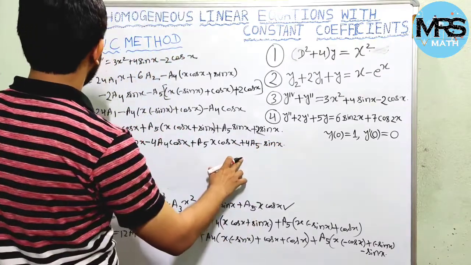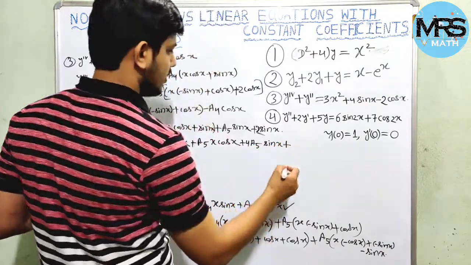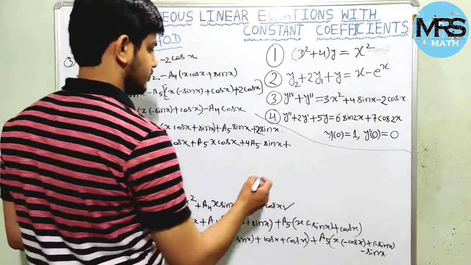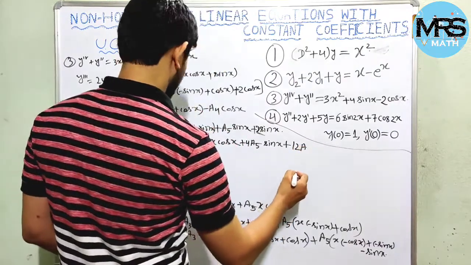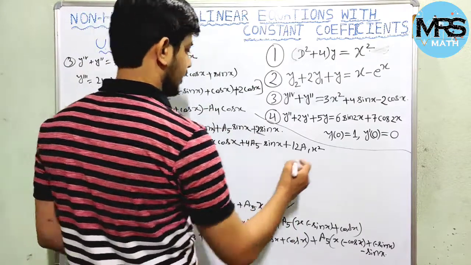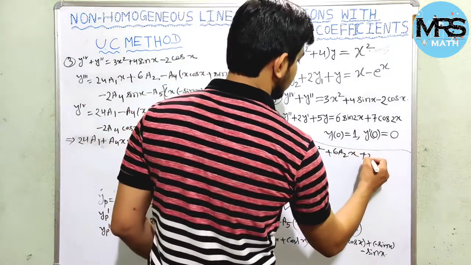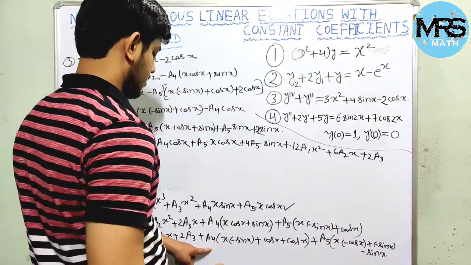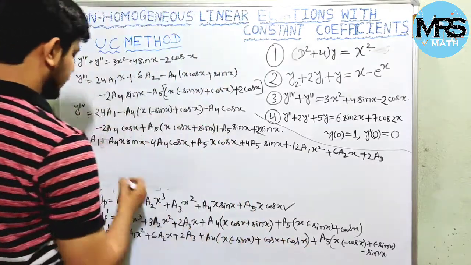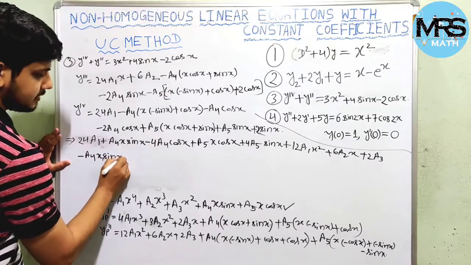Now plus y double dash, so what we can write, that should be y double dash means this one, plus 12 a1 x square plus 6 a2 x plus 2a3 minus a4 x sin x. Is there any term? No. So we can write minus a4 x sin x.